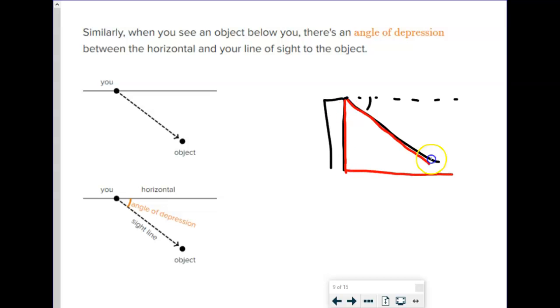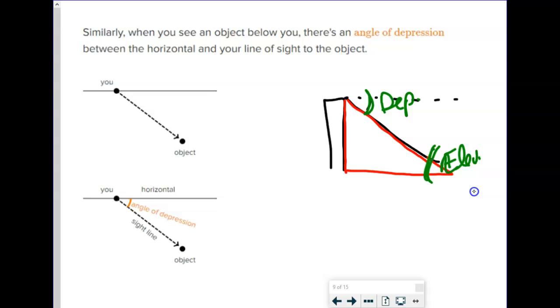Well, is this angle in this triangle, I guess, is my question. Like, kind of. Because this angle right here, which is the angle of depression, is congruent to this angle right here, which is called the angle of elevation. So what's nice about the angle of elevation is it's actually within the triangle.